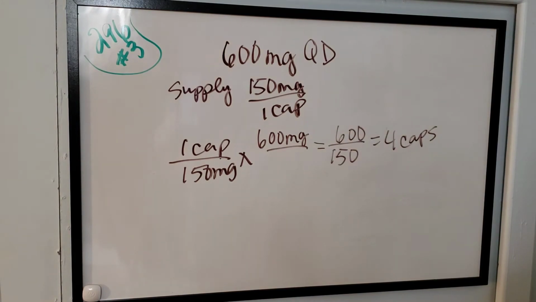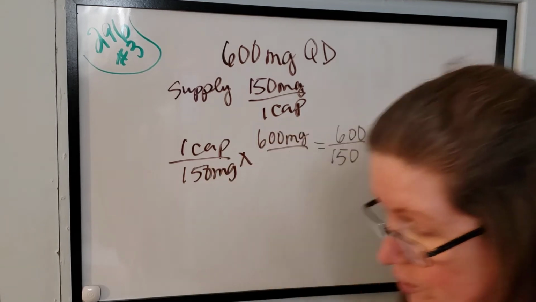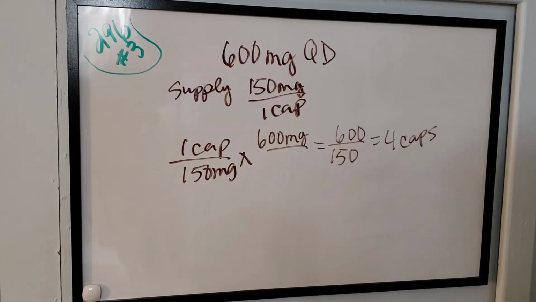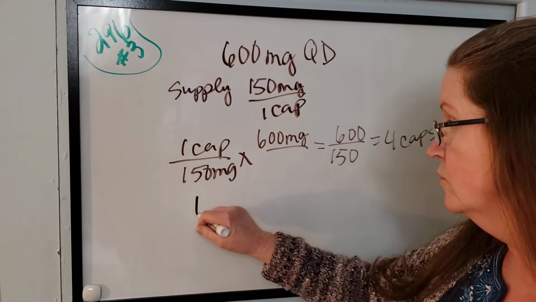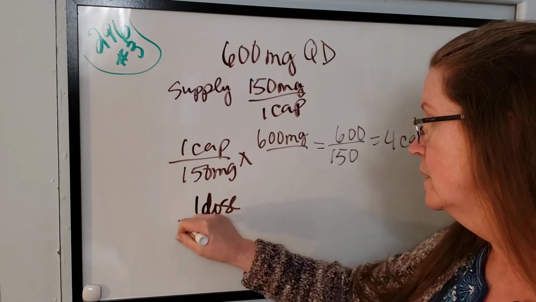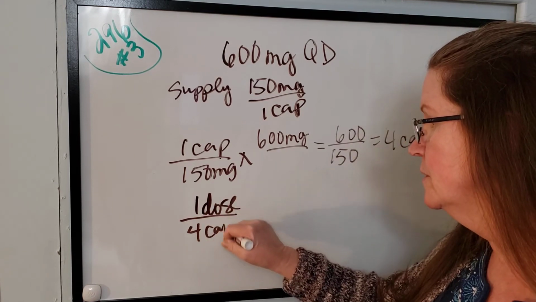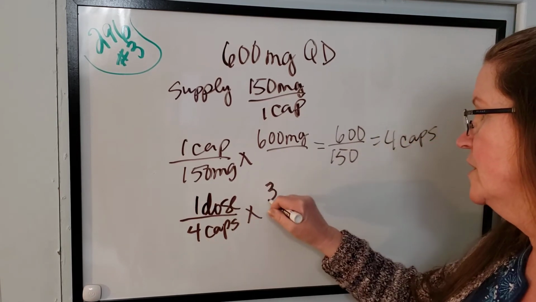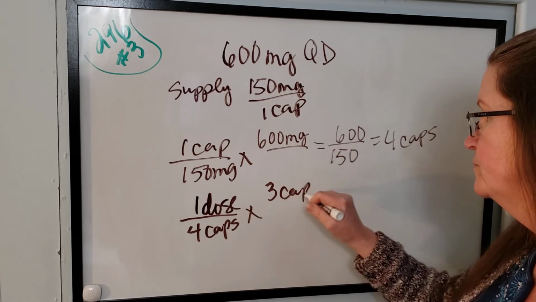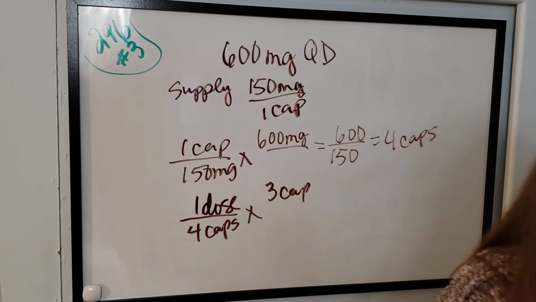So if I'm taking 4 capsules a day, it then wants to know how many full doses are found in a 30 capsule stock bottle. So 1 dose is 4 capsules, and there are 30 capsules in a bottle. 30, not 3.